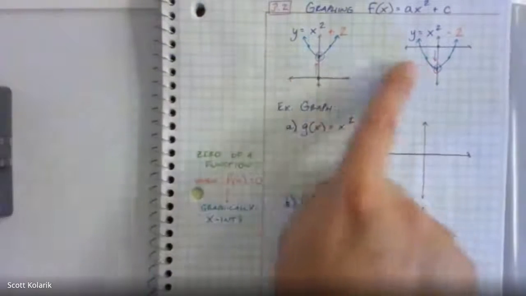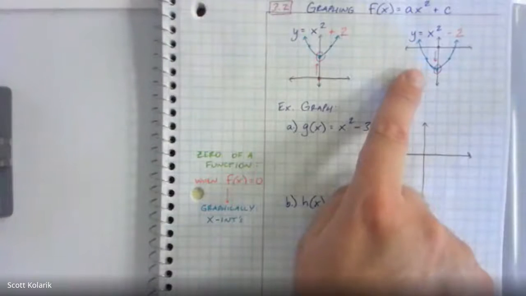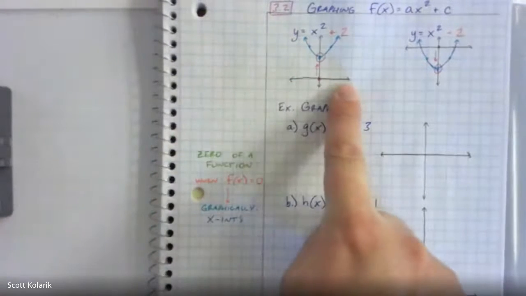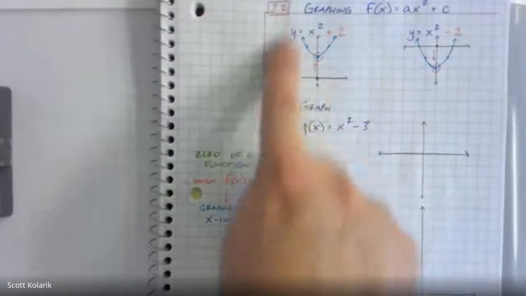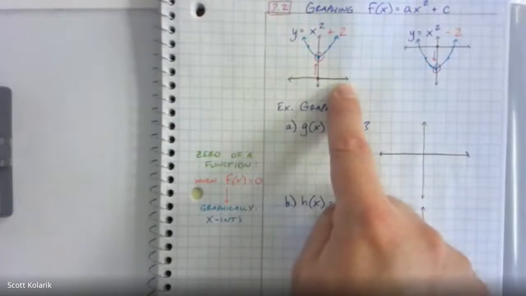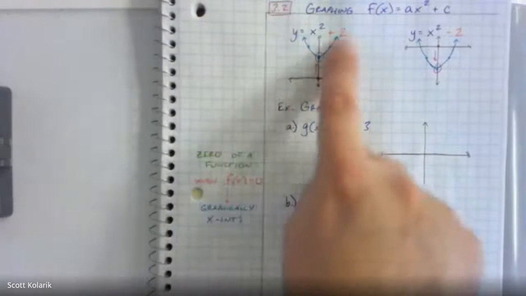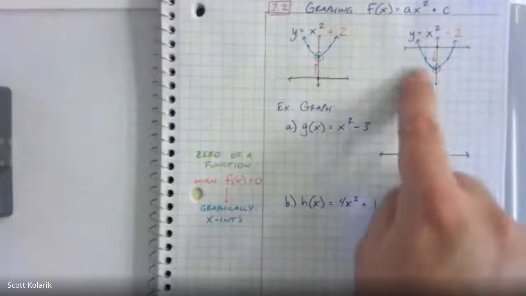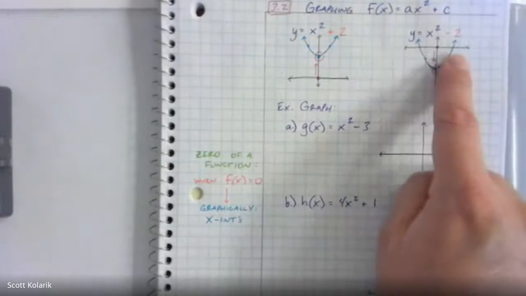So looking at our two brief examples up top here, it is possible for it to cross the x-axis 0 times. This is an example that would have no zeros, no x-intercepts, because the parabola is completely above it, doesn't cross it at all. In this example, however, it's possible for it to cross twice.